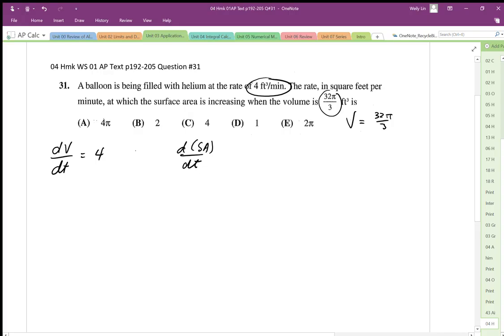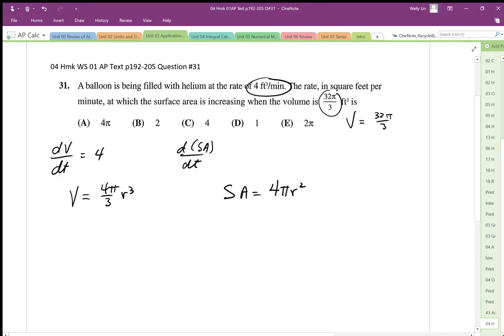So we need something to connect the volume to surface area, and we're going to connect the volume to surface area through the radius. Now we can try to connect the volume to surface area directly, but it's much easier to set it up this way, to have a volume equation in terms of radius and a surface area equation in terms of the radius.